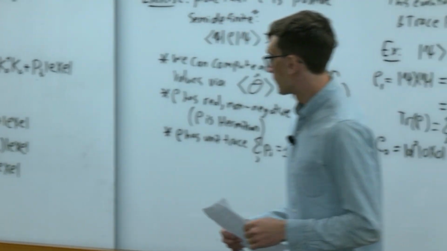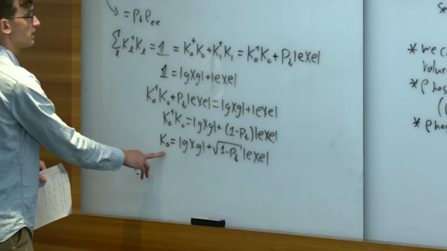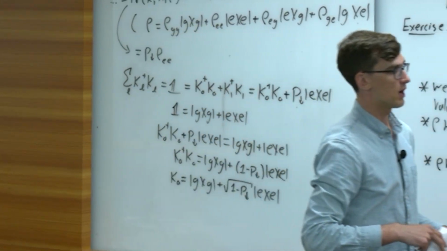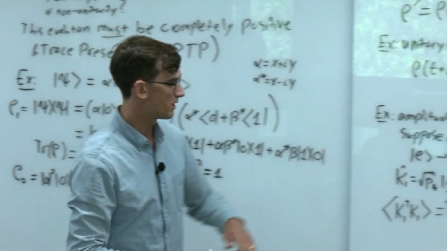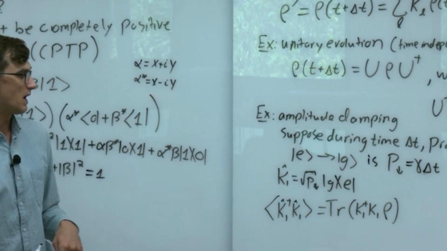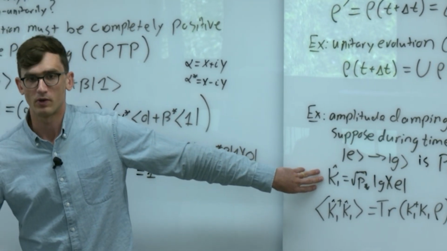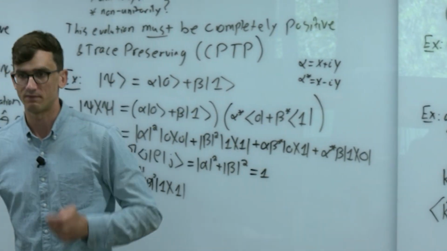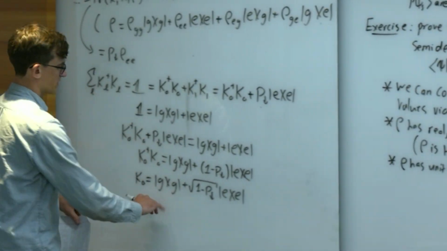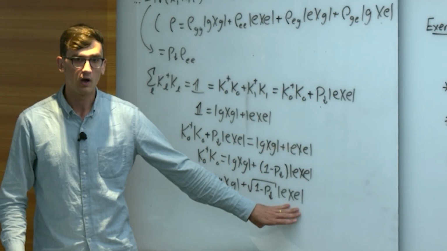Excellent. So one important thing to notice about K0 that bears repeating is that K1 describes a quantum jump, right? And you'll notice I've forgotten hats everywhere, so apologies for that. You could imagine that the other Kraus operator would just be the identity, not having a quantum jump, right? But that's not what happens. So K0 is explicitly not the identity. It's GG plus this weird square root thing on EE.